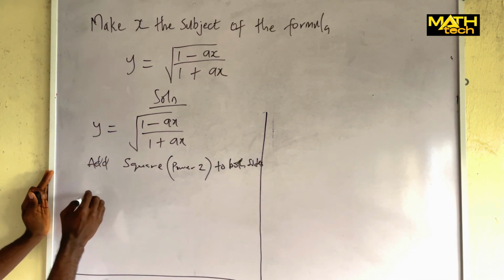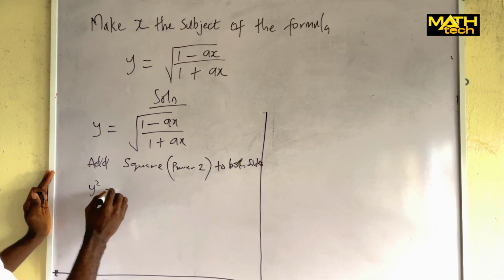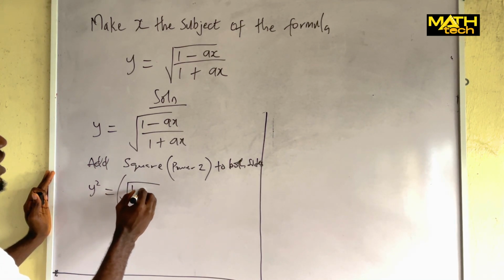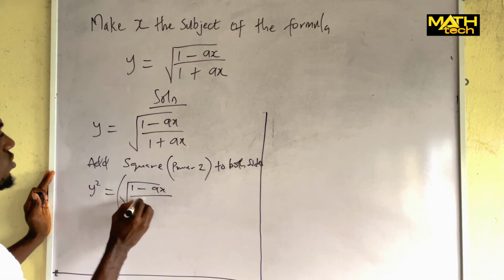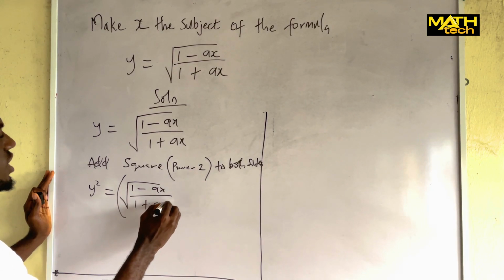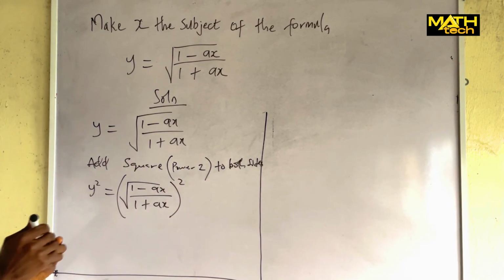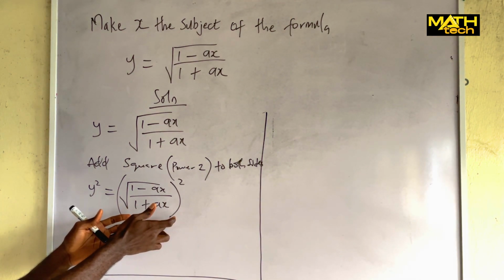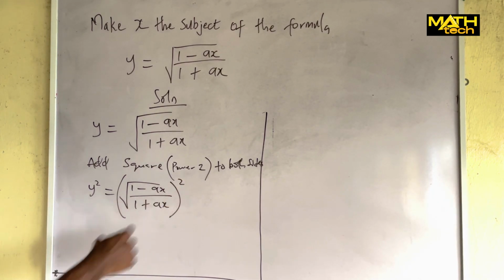Adding square to both sides, we have y squared equal to the square root of, put it in brackets, 1 minus ax all over 1 plus ax, all squared. If you watch our videos continually, you will understand why at this point we put a bracket here before putting the square.